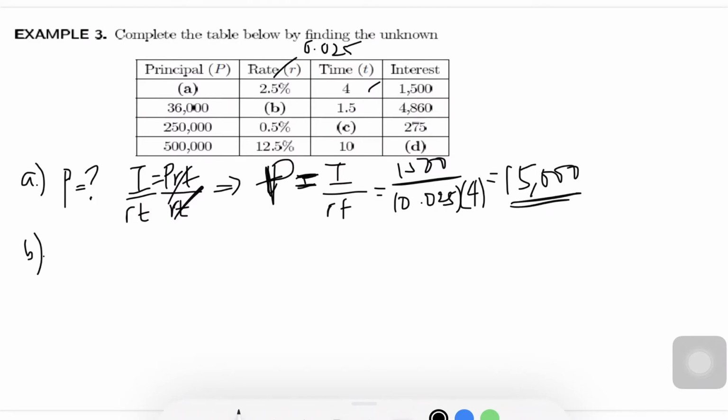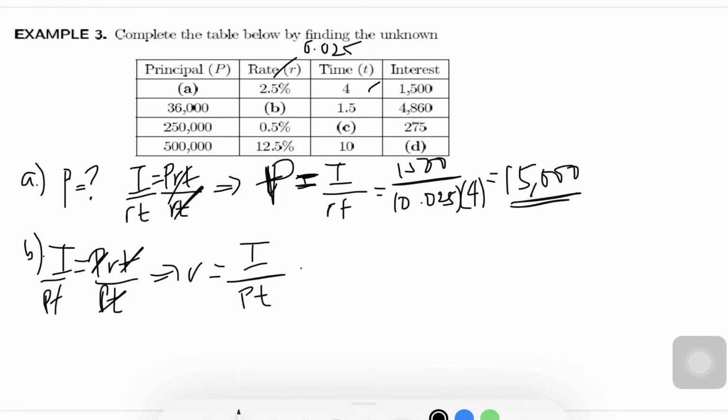Letter B, we're asked to find R. So from the equation, I equals PRT, we will divide both sides by PT. So we have R is equal to I over PT.